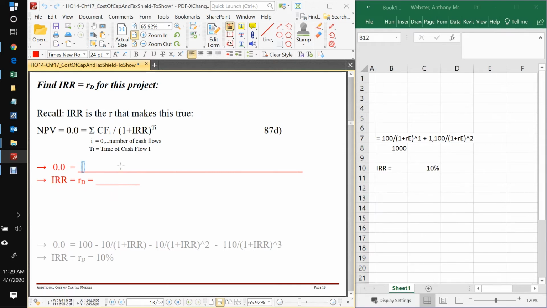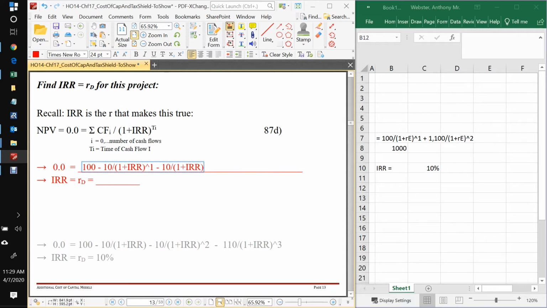Okay, so plugging in now to our IRR equation, I have 100 minus 10 over 1 plus IRR raised to the 1, and then our second interest payment, 10 divided by 1 plus IRR.